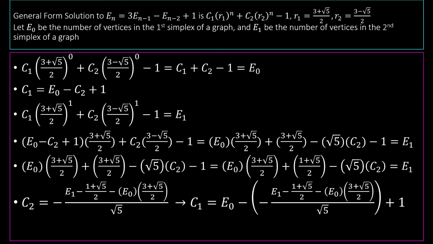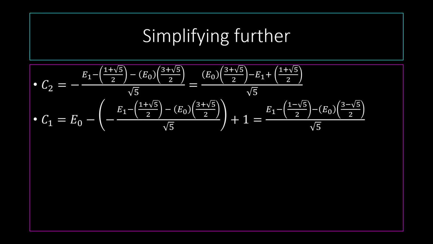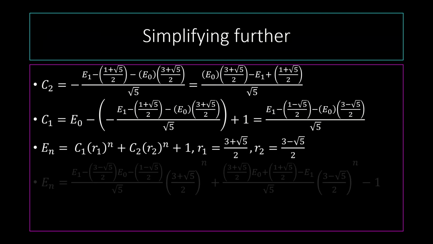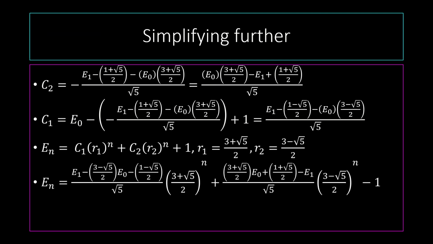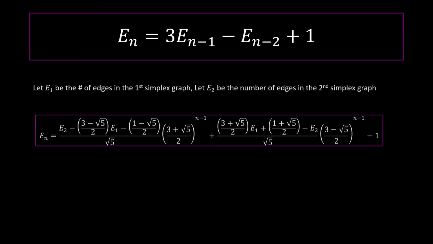And again, we can pull out a negative to make these arbitrary constants look a little nicer. This is what it comes out to be. And shifting, so our index 1 corresponds to the size of the first simplex graph, we get this.